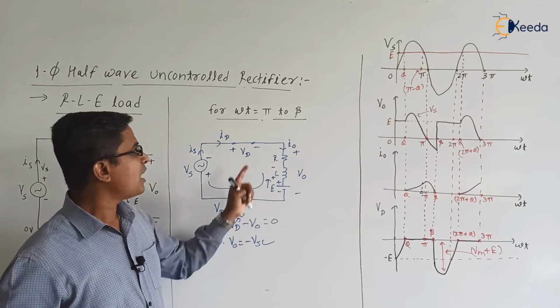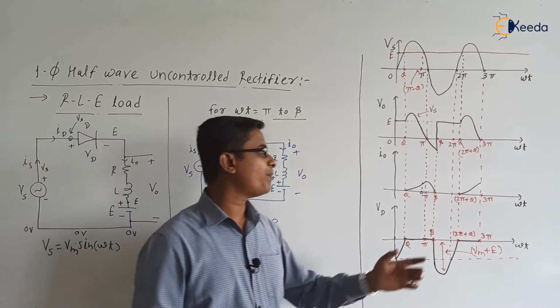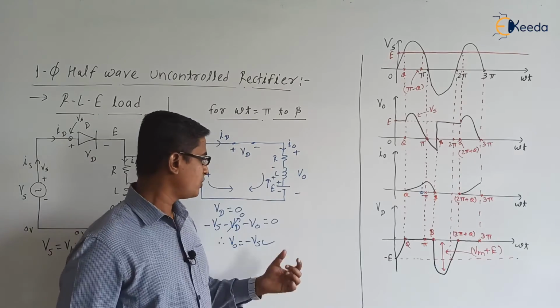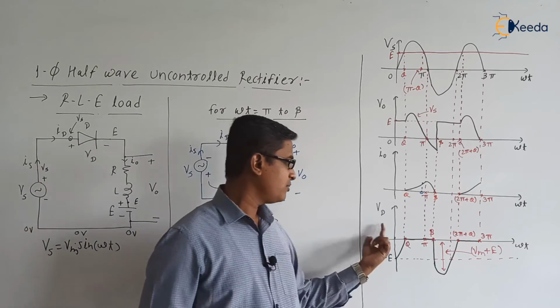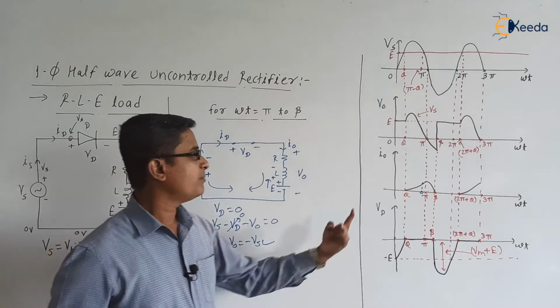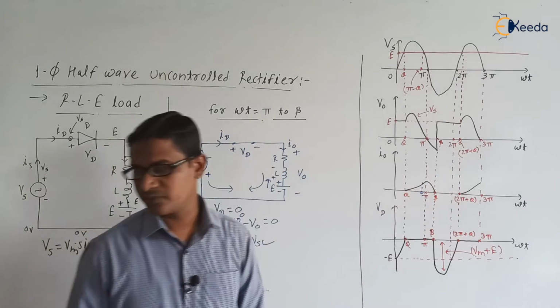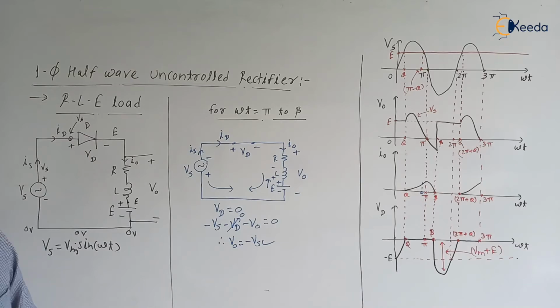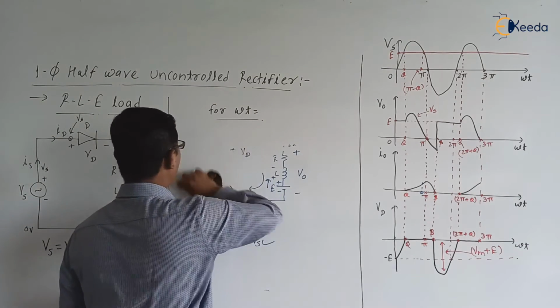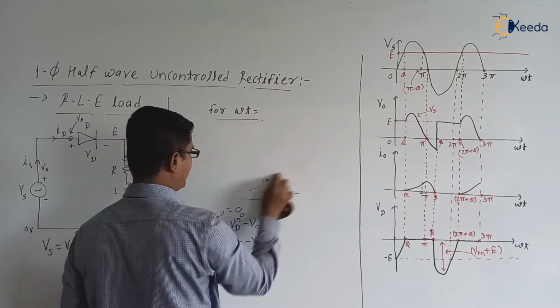So if you check after beta till 2 pi, what will happen? During pi to beta, Vd is 0, V0 is minus Vs, and I0 is decreasing. Next let us discuss from omega t equal to beta to omega t equal to 2 pi.